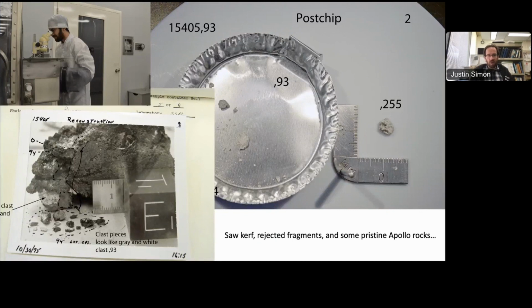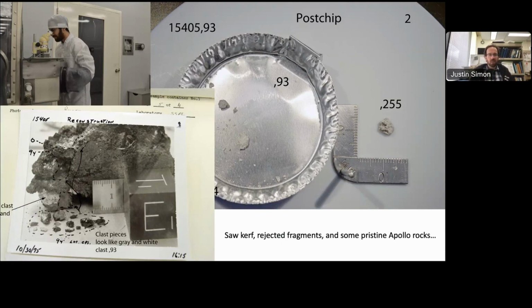Most of the sample people in the room have a picture like this of them poring over rare Apollo samples in the Apollo Clean Lab here at JSC. And again, these felsic samples are pretty rare in terms of volume, in terms of mass, et cetera, but mighty. So we work in saw kerf, rejected fragments, all these various different breccias.